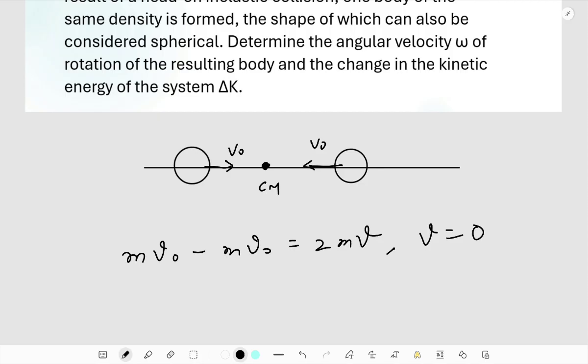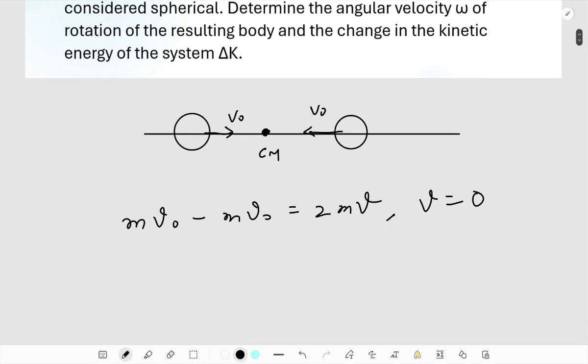And we can also write the law of conservation of angular momentum of the system of bodies with respect to the common center of mass just before and after collision, and it will be something like L1 plus L2 equal to L. L1, L2 are the moments of momentum of the first and second body before the collision, and L is the moment of momentum of the resulting body after the collision.